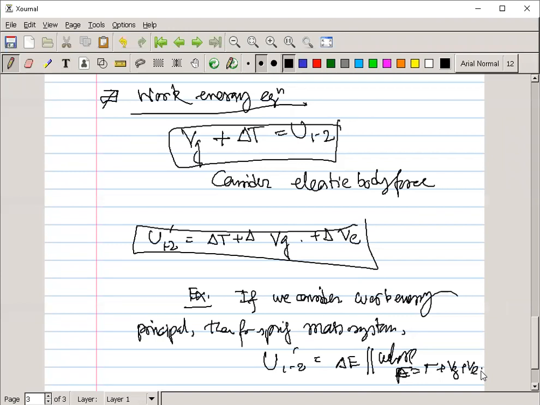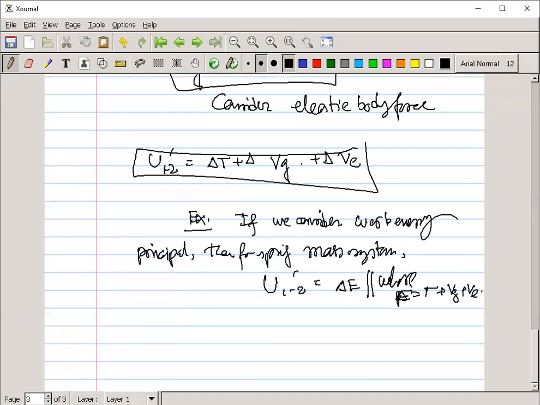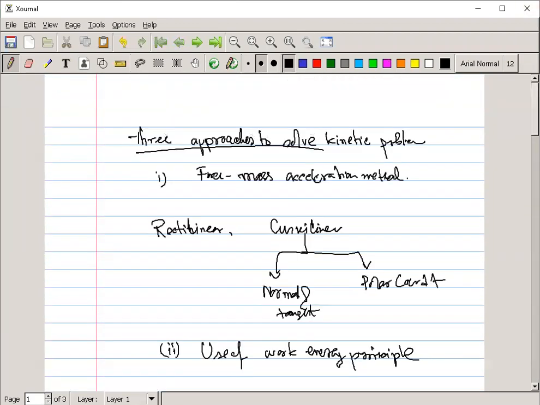Okay, that is the total energy. This E is called the total mechanical energy.